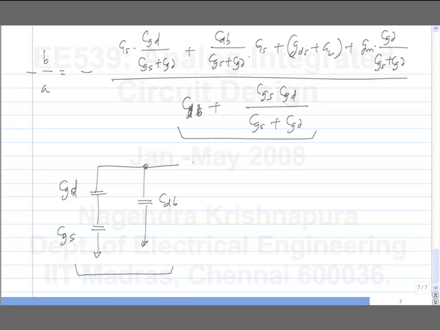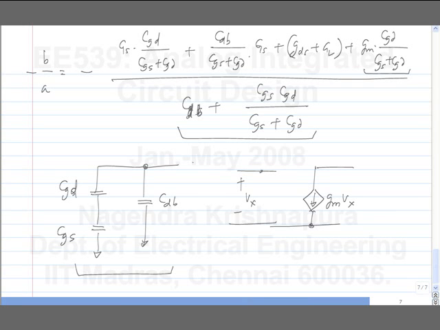Now the numerator has several terms. The last term, if you look at it, it's related to GM. It's not related to any physical conductance. Okay, it's related to a transconductance. Now you get a conductance out of a transconductance if you have feedback around it. Isn't it? If I have, let's say, this is the controlling voltage Vx, and this is the control source GMVx.